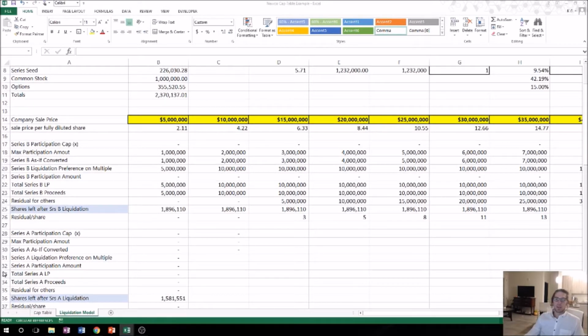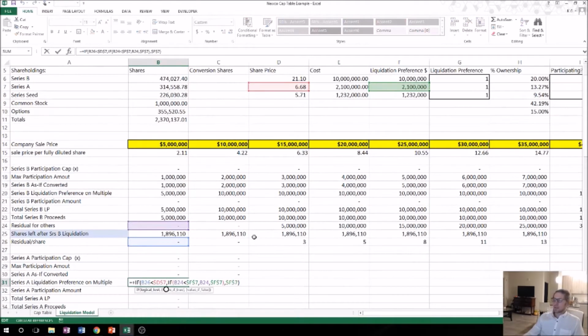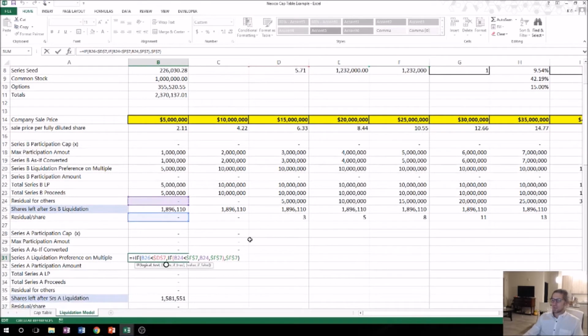So the Series A liquidation preference on multiple is calculated the exact same way as above.